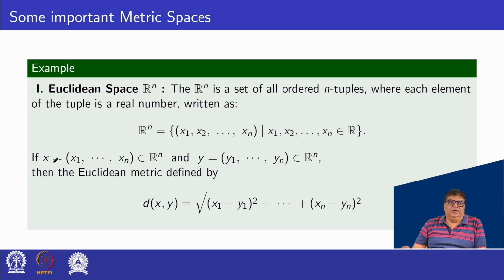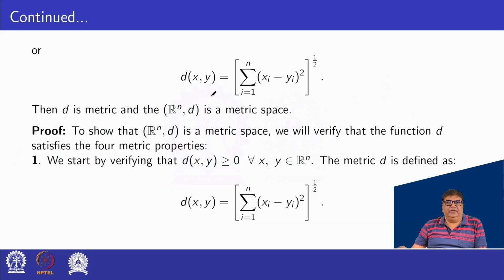If x = (x1, x2, and so on xn) in Rn and y = (y1, y2, and so on yn) in Rn, then the Euclidean metric is defined as d(x,y) = square root of ((x1 - y1)^2 + (x2 - y2)^2 + and so on + (xn - yn)^2). This can be written in short as d(x,y) = (summation i = 1 to n of (xi - yi)^2)^(1/2).